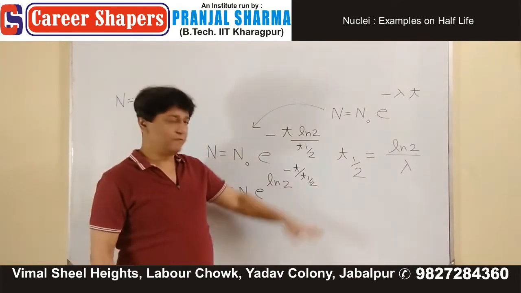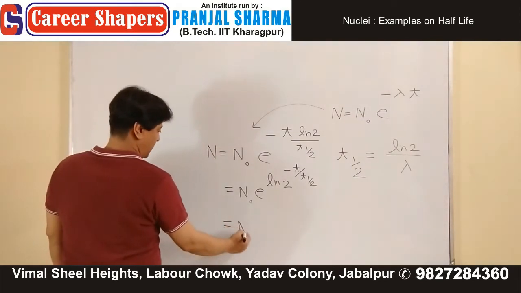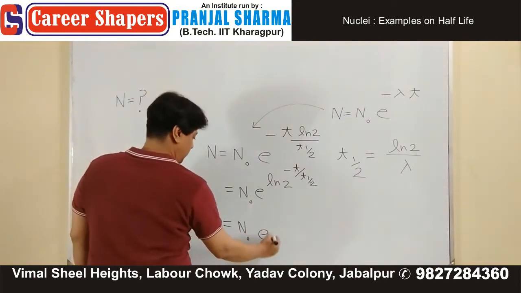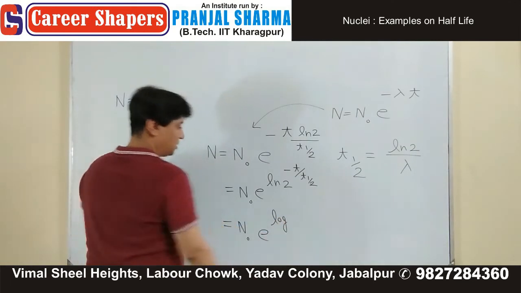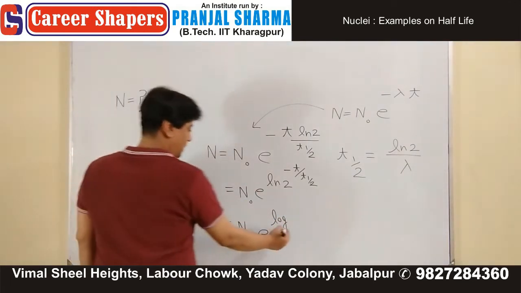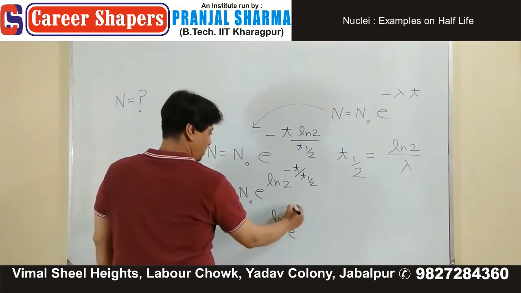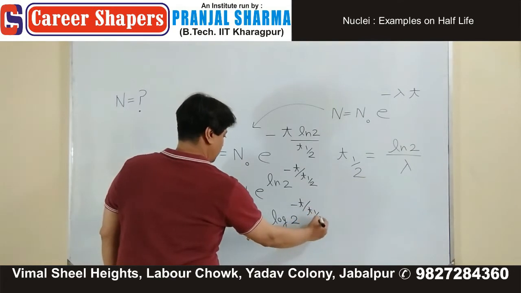Now, once you arrive at this point, this is N naught e to the power log, what is ln? Ln means base is e, 2 to the power minus t upon t half.